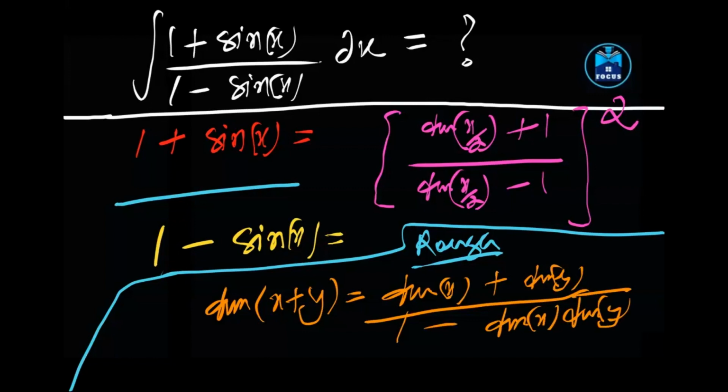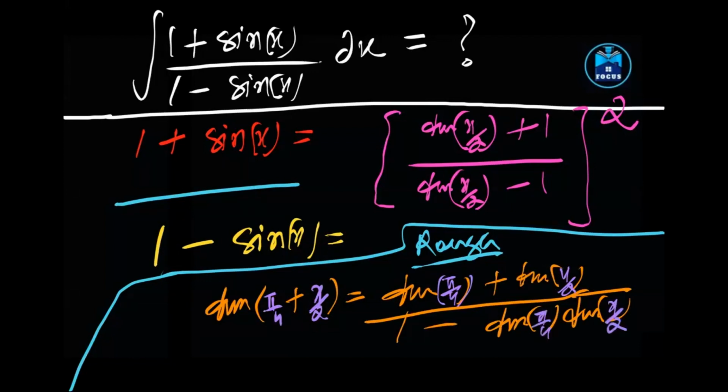So if I change these values of x and y to pi/4 and x/2, then I would be able to obtain pi/4 here, x/2, and there was tan written over here.